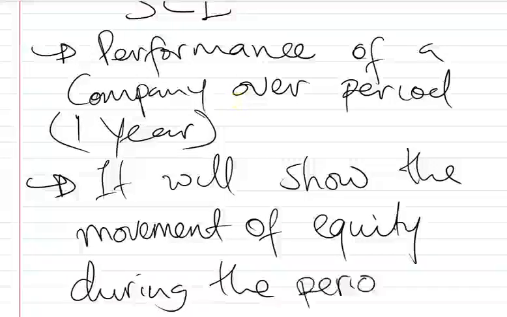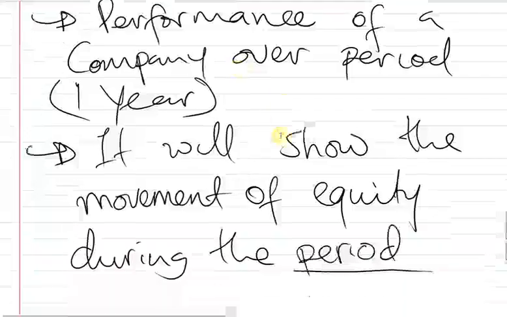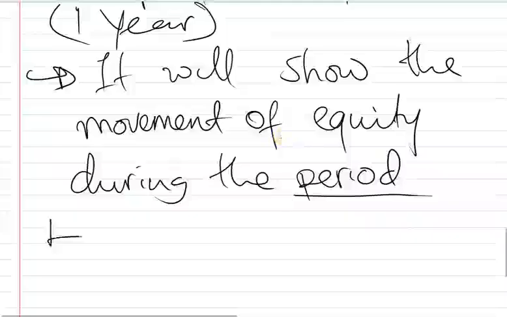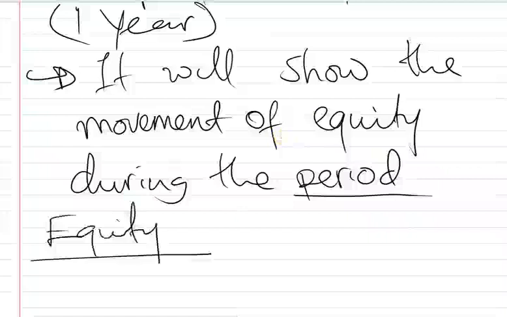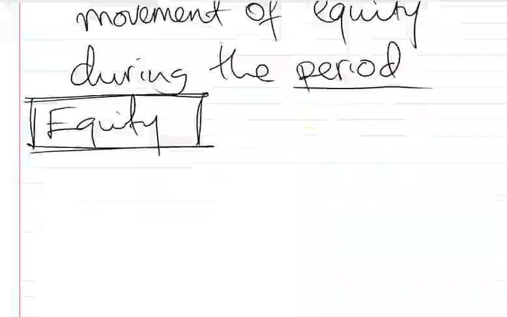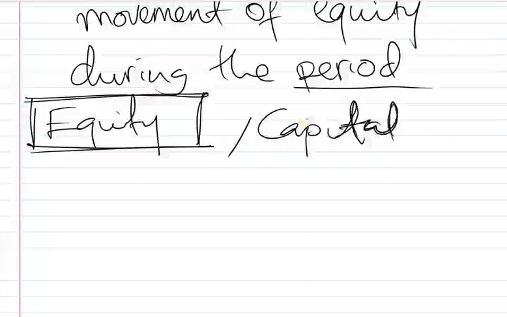So when I talk about equity, all those that appear under capital, that's equity, because equity is the same as capital. Equity is basically a term used for companies, while capital is a term used for a sole trader and the partnership. When we are looking at an incorporated company, that's where we're going to see changes in equity.